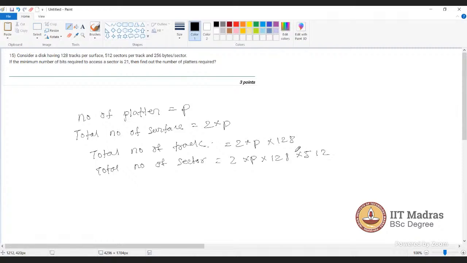So you have to access the total number of sectors.